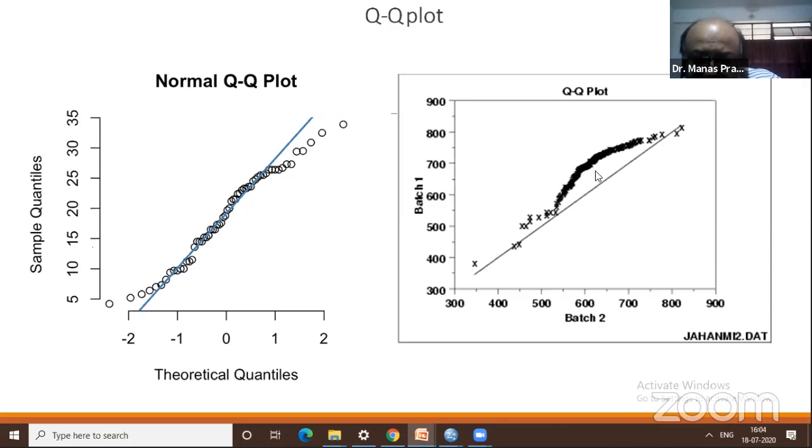Here, these data are situated far apart from this line. So in this case, it is less likely that my data follows normal distribution. In this case, most of the data go side by side with the line. There are some extreme observations here, but there is a chance that this follows normal distribution.